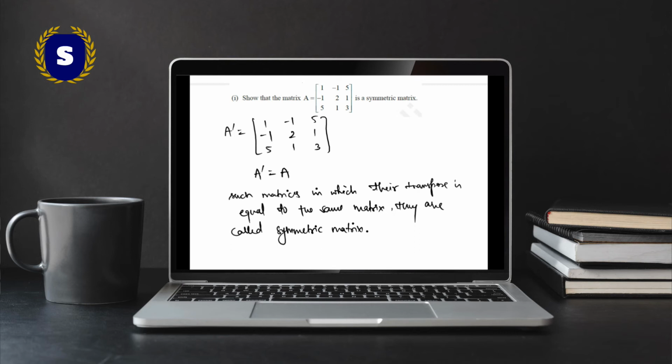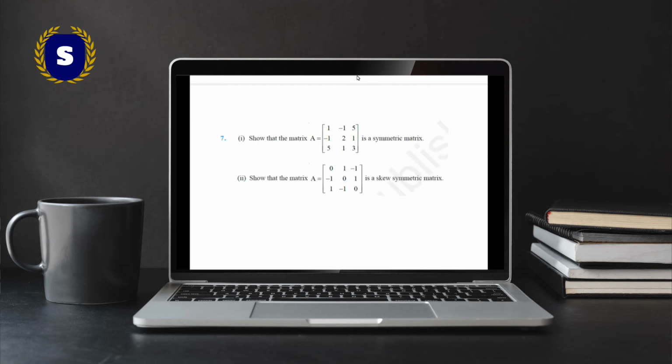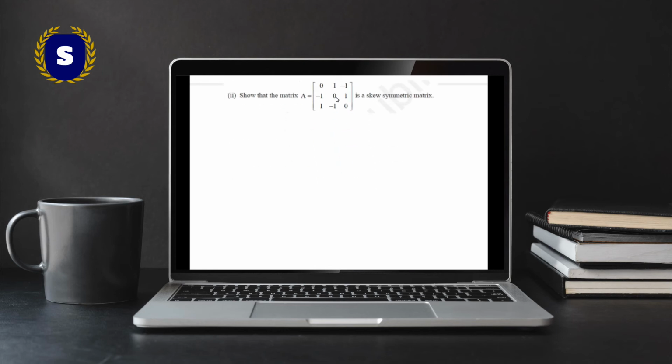Let us solve the next part. Here we have to show that the given matrix is a skew symmetric matrix. Again, for this also we have to calculate its transpose, which is equal to 0, 1, minus 1, minus 1, 0, 1, 1, minus 1, 0.